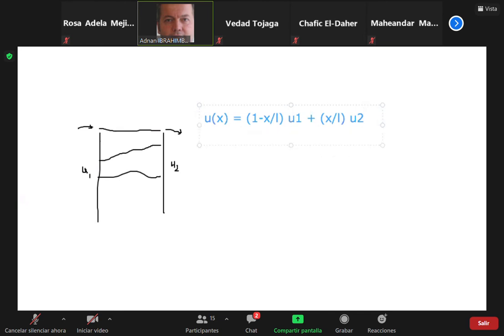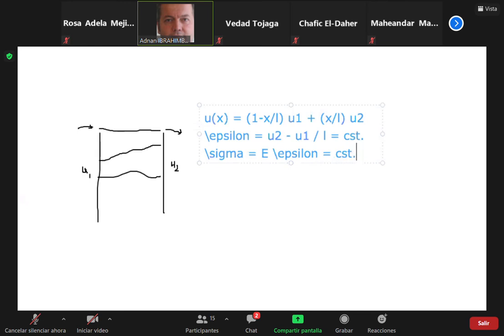After that, my epsilon will be equal simply to u2 minus u1, all divided by L, and that means this is a constant. Then my sigma will be equal to E times epsilon, which is constant as well.